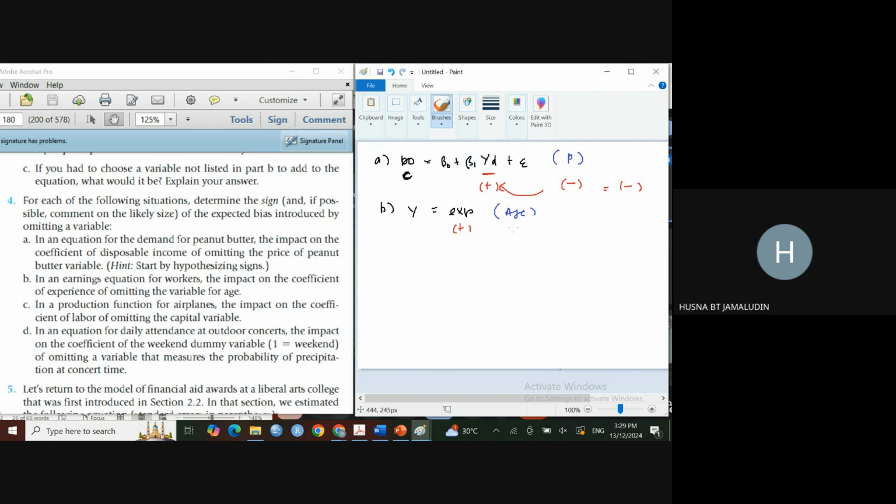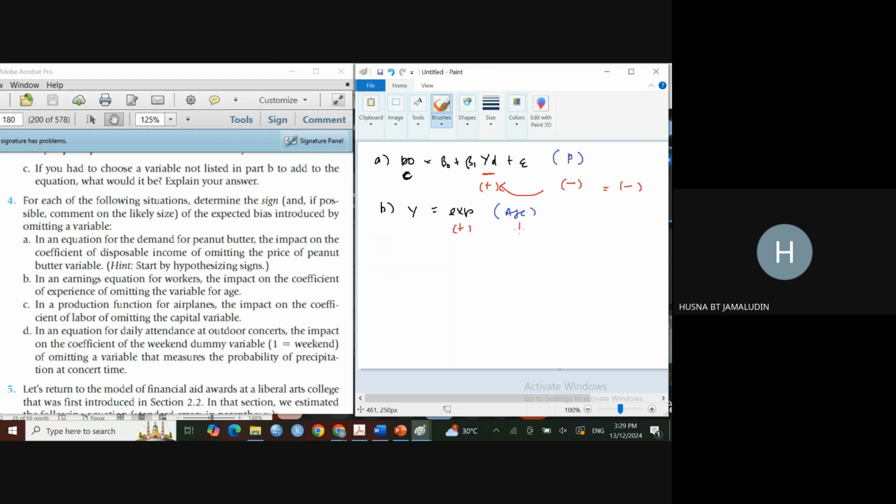How about the age? Positive. Okay, we assume that because they didn't put age squared, they just put age, the higher your age means the more senior you are, the higher your earning, right?